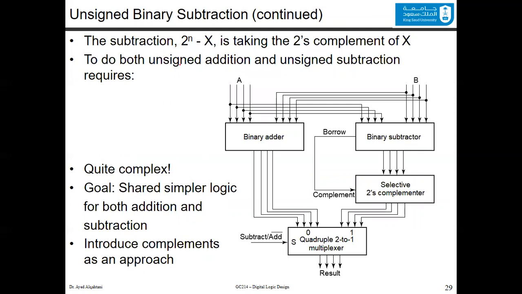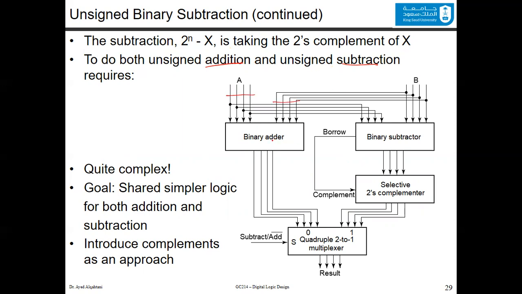This is the unsigned binary subtraction. Now, the subtraction 2 to the power of n minus x is actually taking the 2's complement of x, as we discussed. To do both the unsigned addition and the subtraction bundled together, you would do it this way, by applying the idea that we just found for the subtraction. You have a binary adder of 4 bits and another 4 bit.